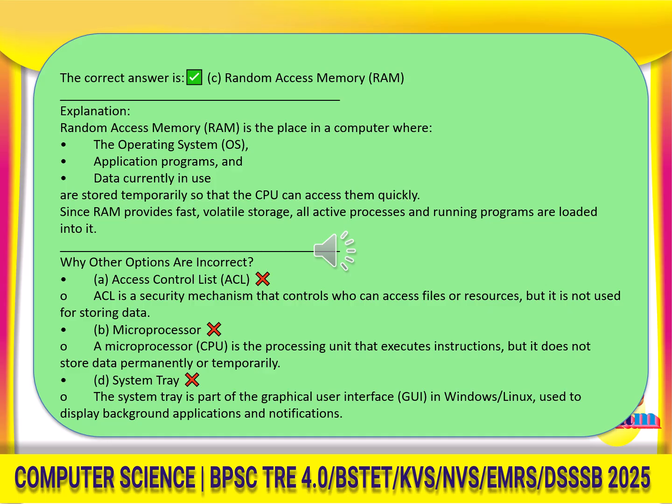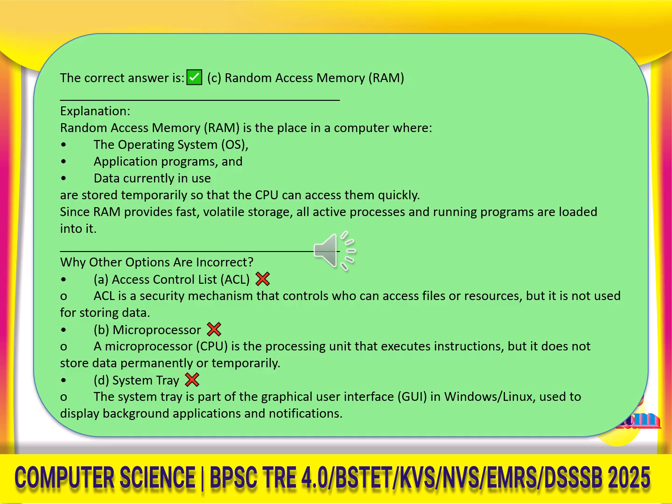Why other options are incorrect? A. Access control list, ACL. Incorrect. ACL is a security mechanism that controls who can access files or resources, but it is not used for storing data. B. Microprocessor. Incorrect.